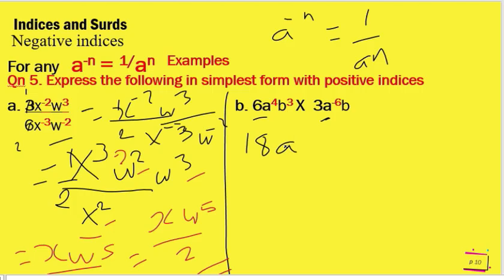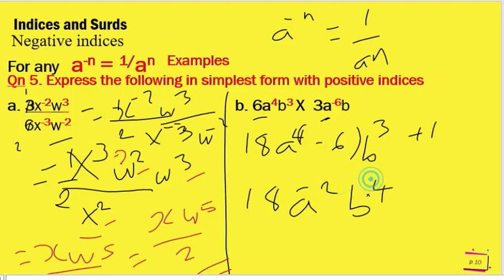Then we have a power 4, this is 4 minus, we are supposed to add, so it will be minus 6. Then b power 3, then plus 1. So therefore the first one will be 18, a power minus 2, then b power 4.